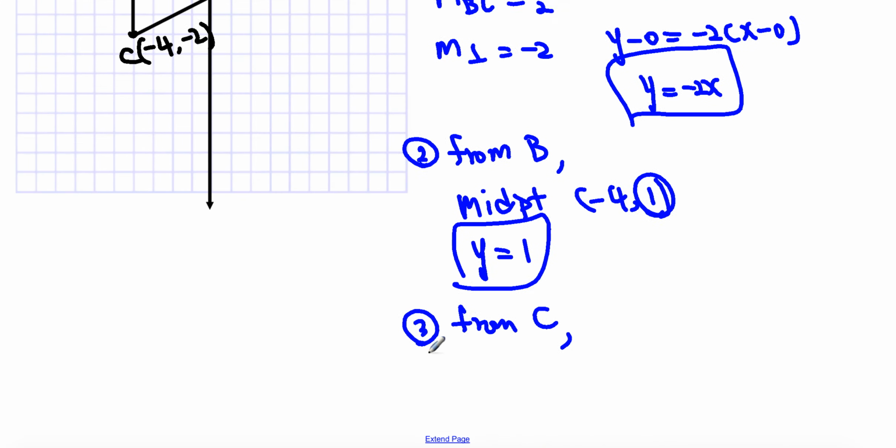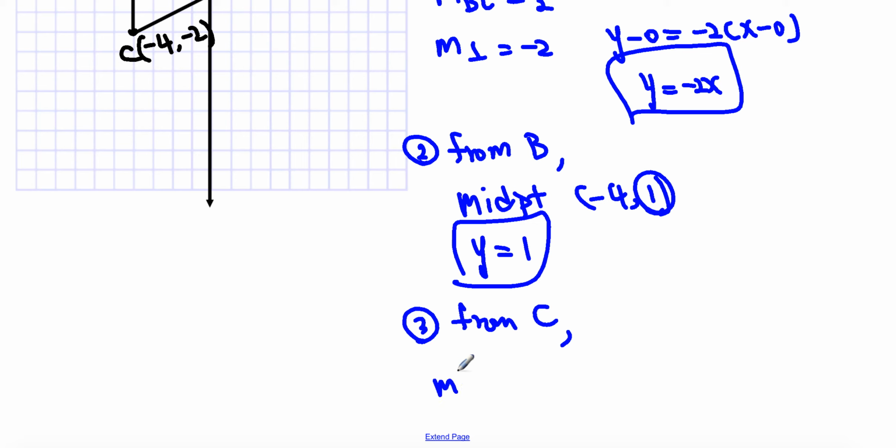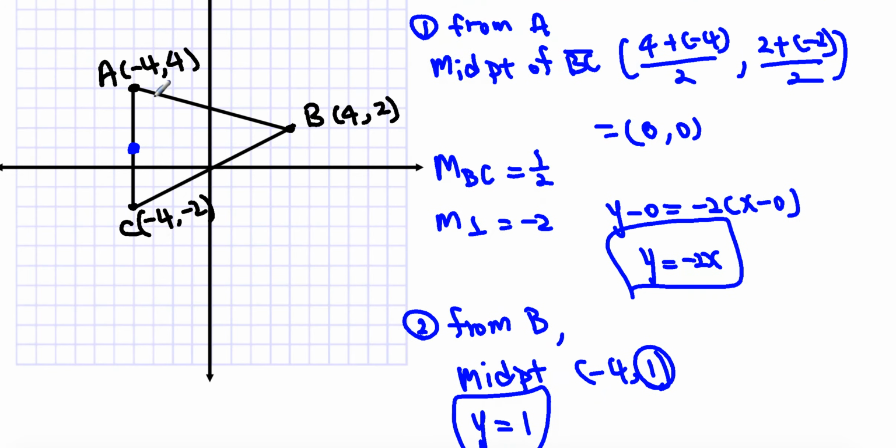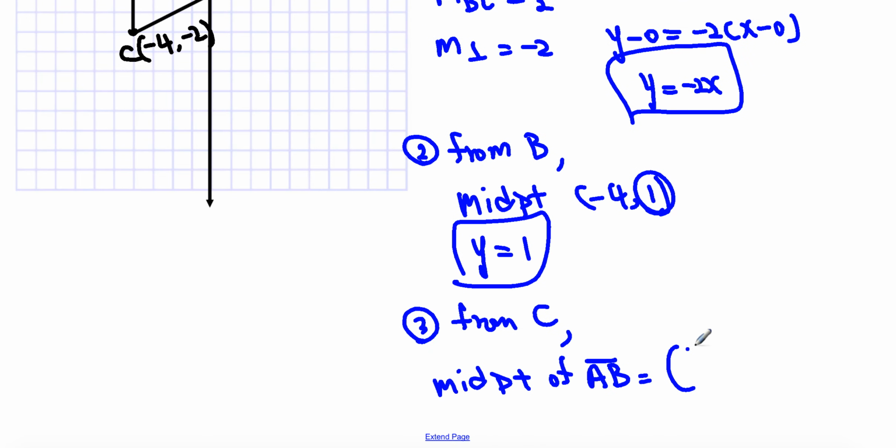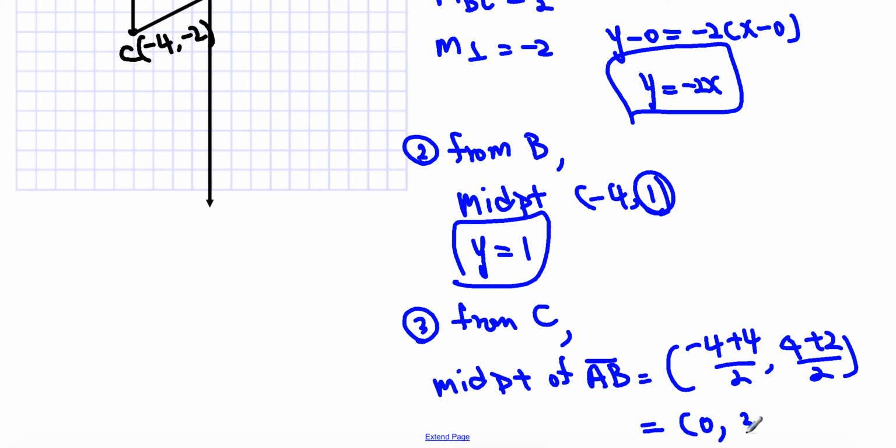Midpoint of AB is simply negative 4 plus 4 over 2, and then 4 plus 2 over 2. We realize that 0, 3 becomes our midpoint.